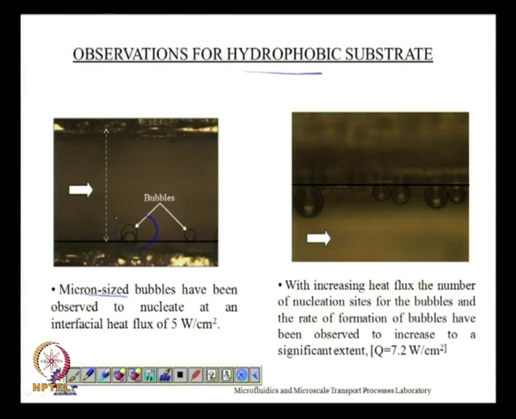So, you increase the heat, increase the energy, and you can see that the number density of the micron size bubbles has increased to some extent. But the bubbles are still stuck to the surface, they do not leave the surface at this value of heat flux, and what was seen is that the pressure drop has decreased, because now the liquid no longer sees the rough wall, it slides over the bubbles.